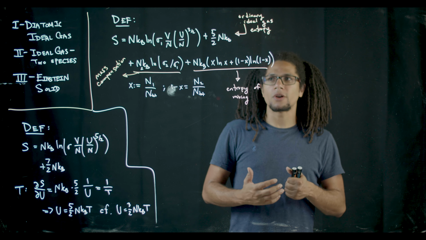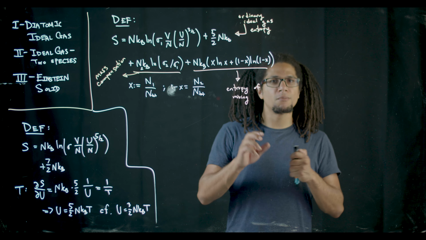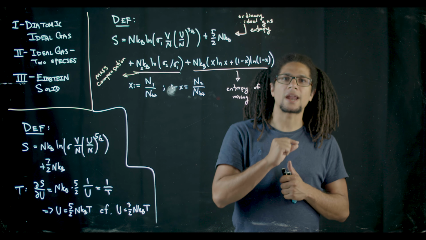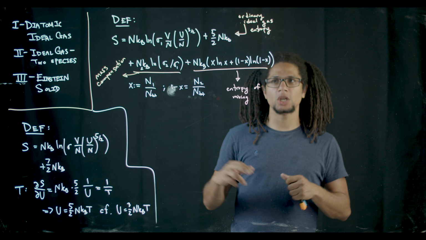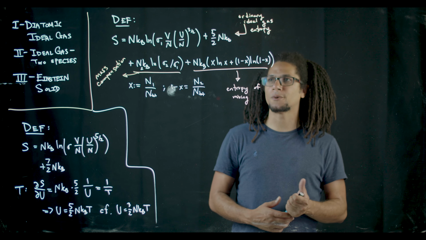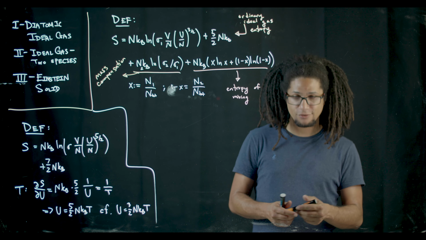And just for clarity, let's imagine that we make whatever minute change to these atoms is necessary to distinguish them from the original type. And we make this change to half of the atoms in the sample, such that x is 1/2.